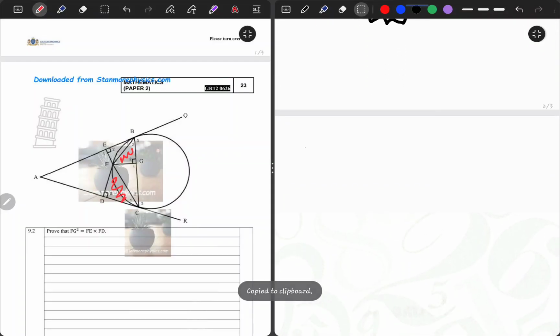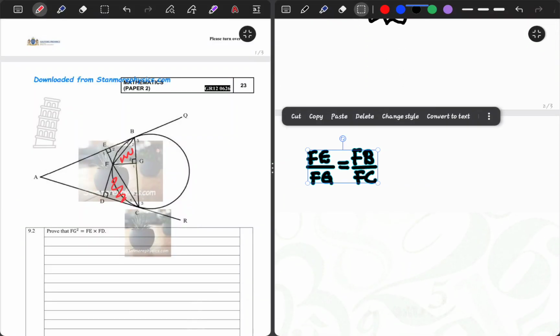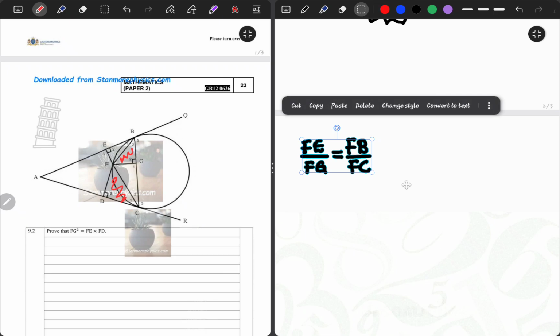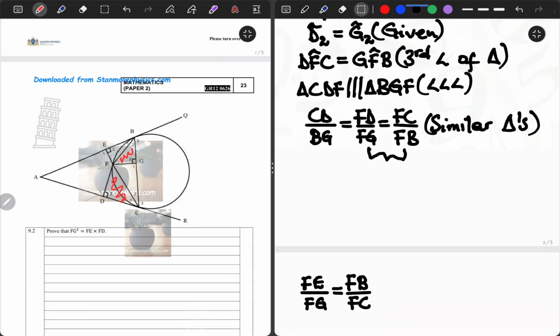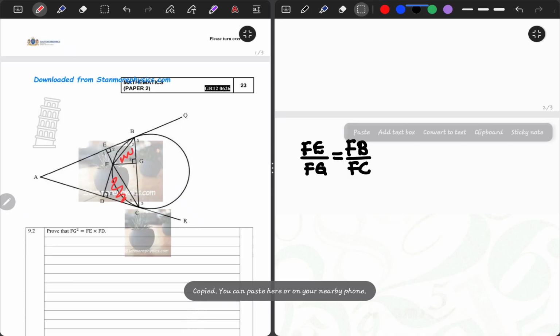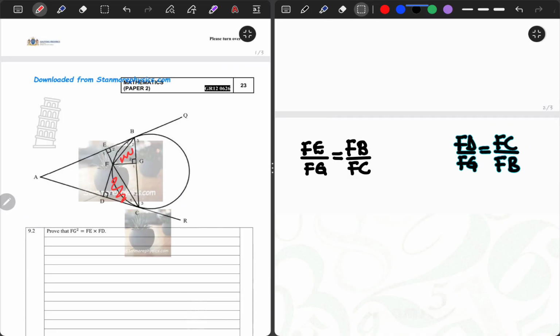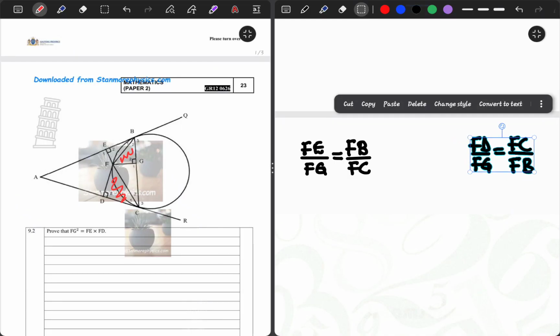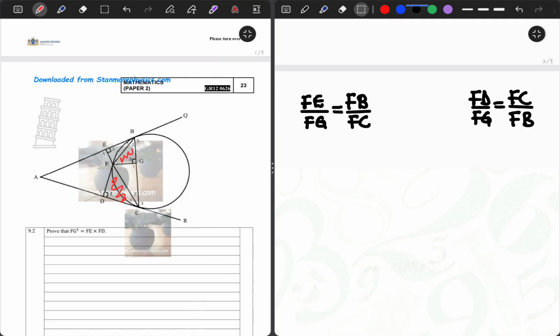Let me have it down here, and copy this as well. So let me make FC subject of the formula to both ratios.